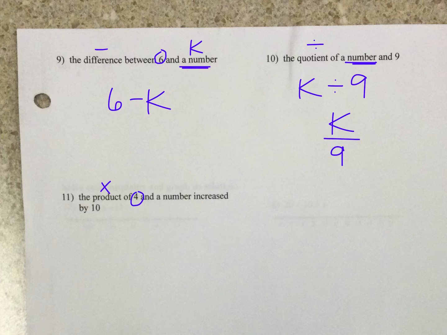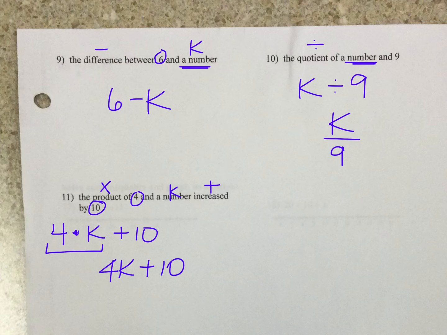I got 4 and a number, so 4 times K, that's a dot, increased, that's plus 10. All right, and that's perfectly right, but when I have 4 times K, I can just write 4K plus 10, and we know because we're math geniuses that there's already a times in there.